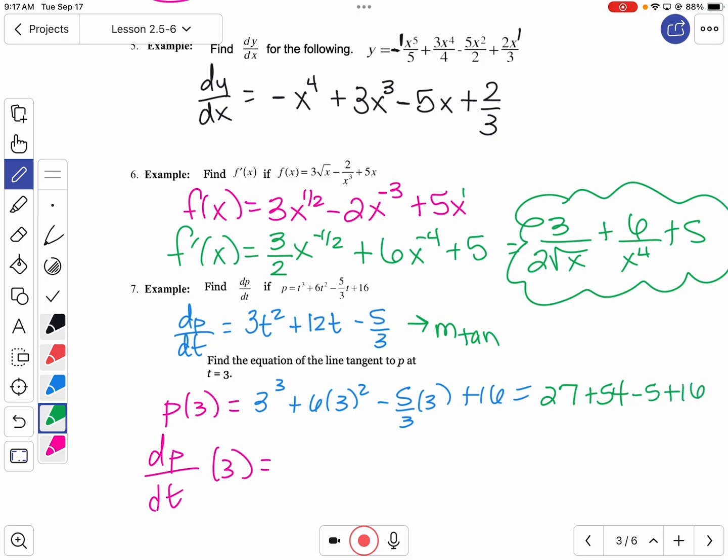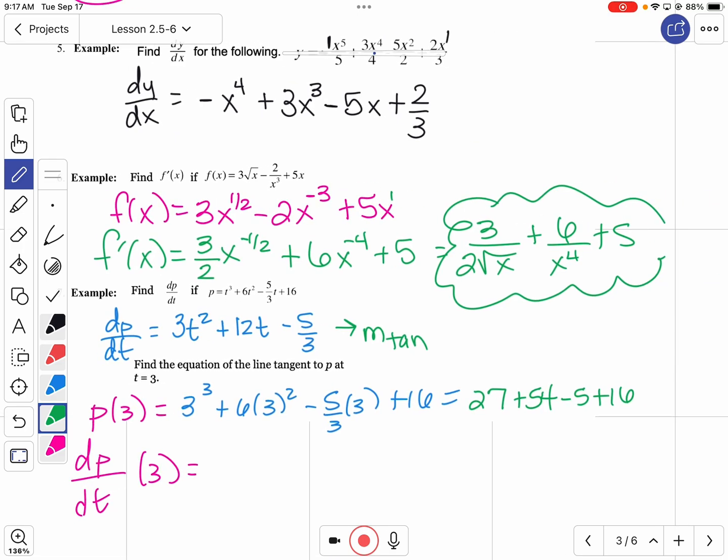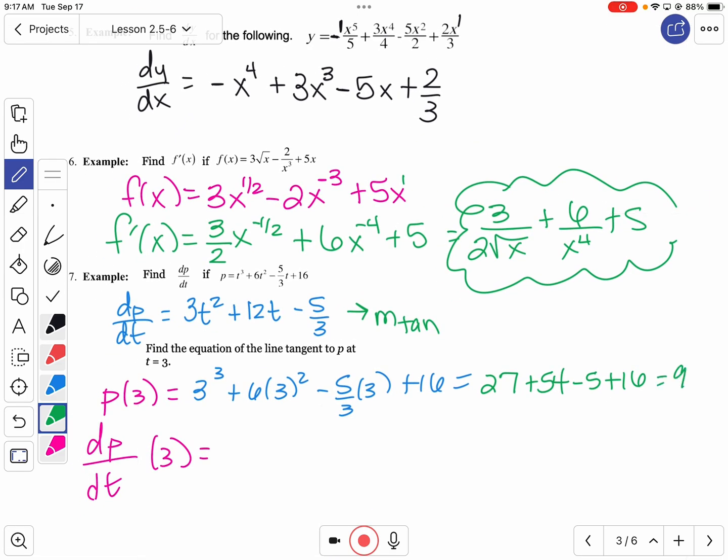Now, you can go through this any way you want to, but here's what I see. 54 and 16 is 70. I take away 5, that's 65. And then 27 and 65 would be 92. Okay, that's how I would mental math it right there. So my ordered pair is 3, 92.